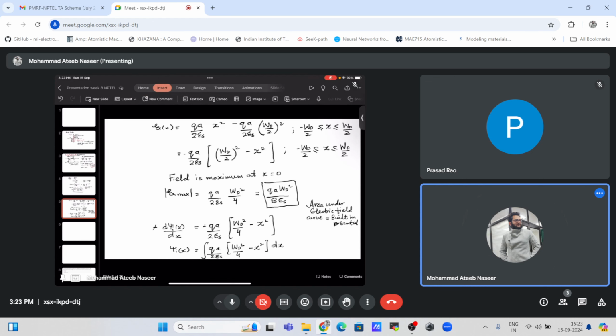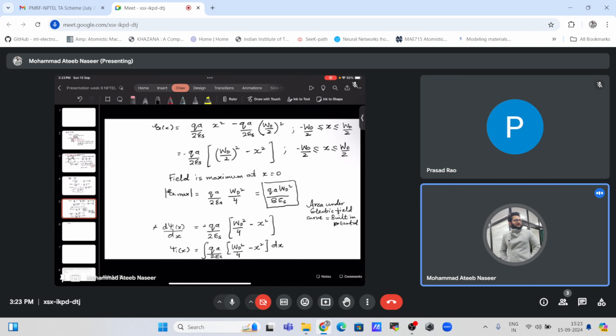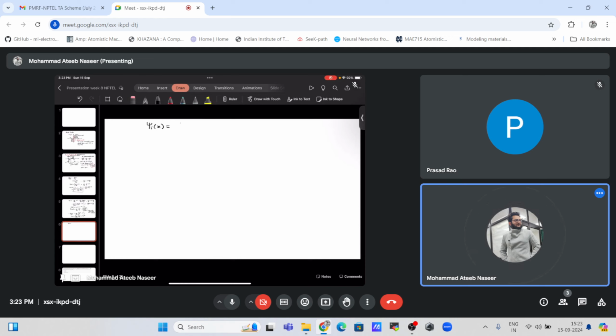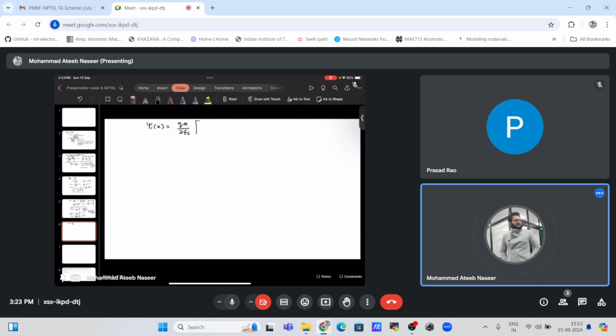So if we integrate this, psi I of x is simply qa by 2 epsilon s times Wd square by 4 x minus x cube by 3, plus a constant, let's say c1.